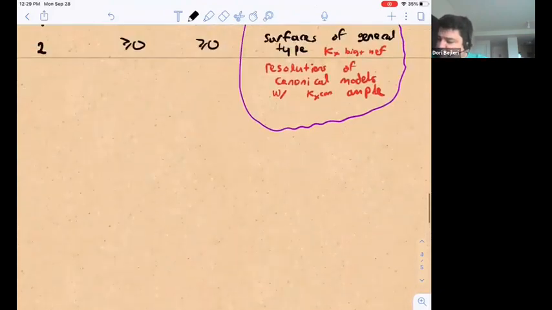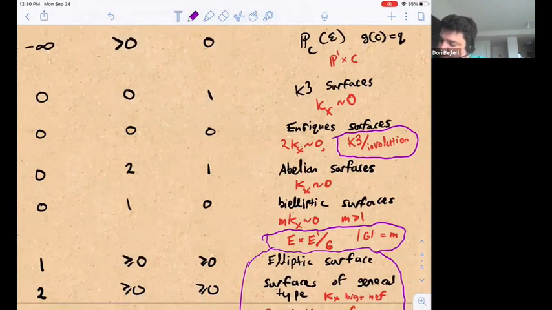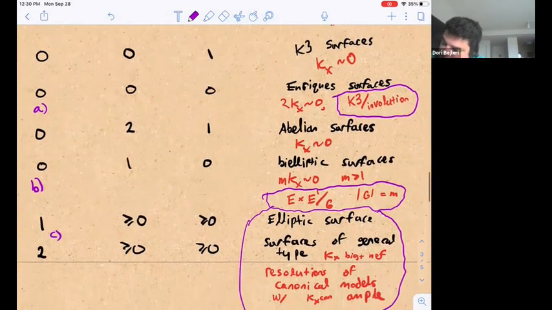And actually, let me just number these for the proof. So things that we have left to do, we'll call this case of Enriques surfaces A, the bielliptic case B, the elliptic surface case C, and the surface of general type case D.